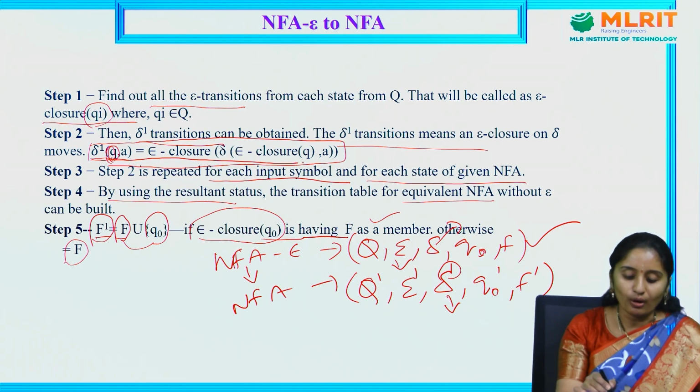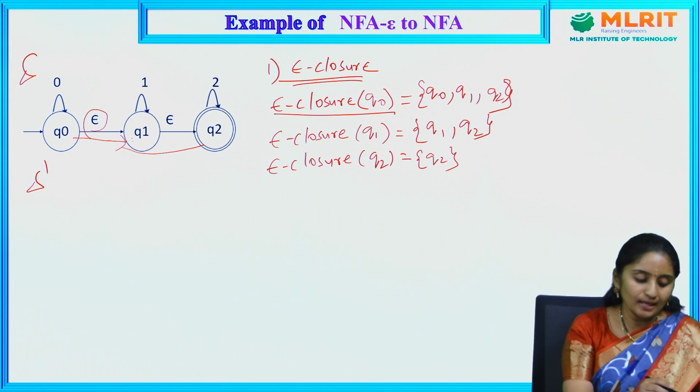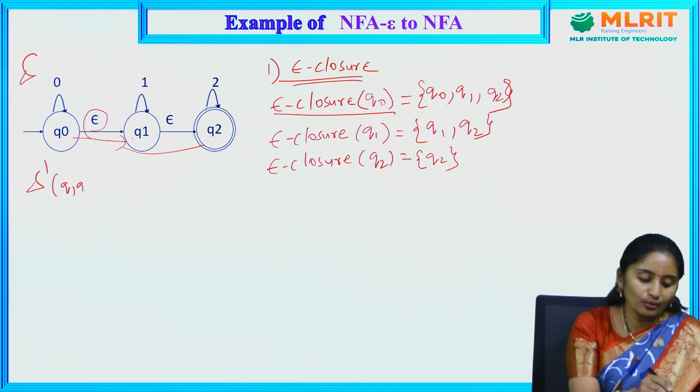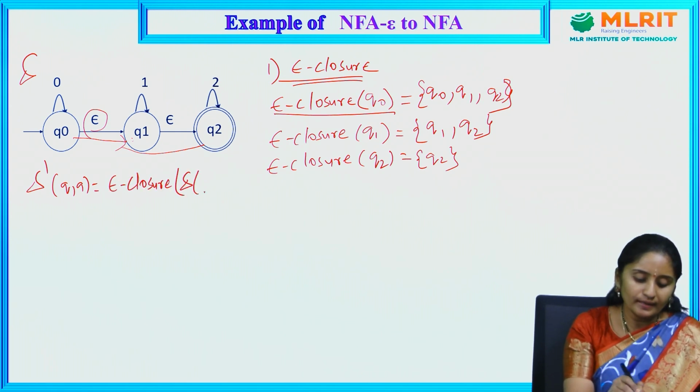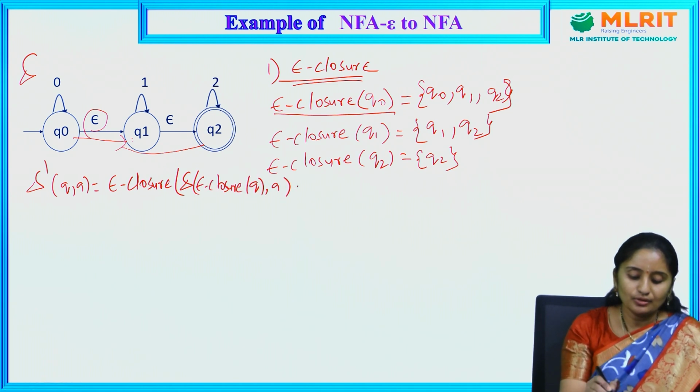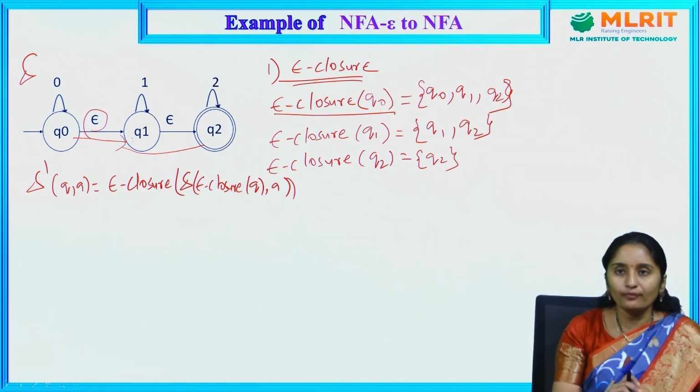Delta dash of Q comma A is equal to epsilon closure of delta of epsilon closure of Q comma A. So this is the function I am having.